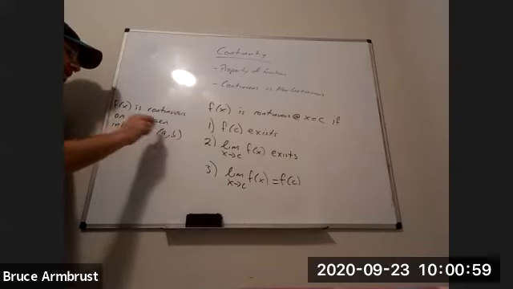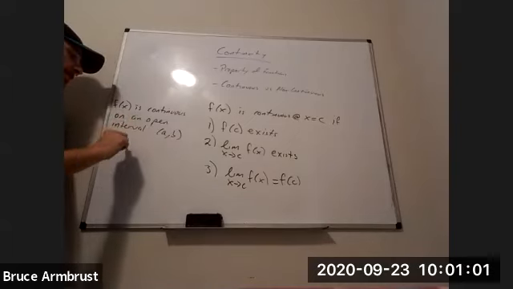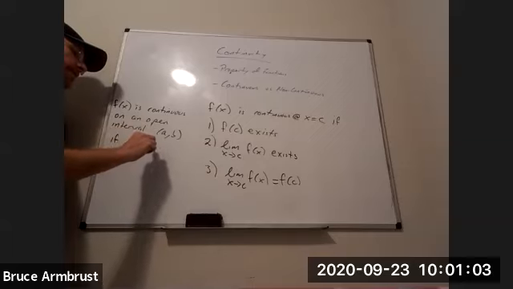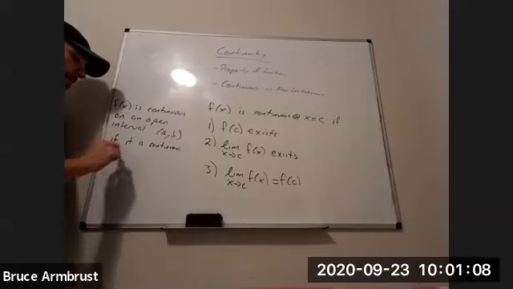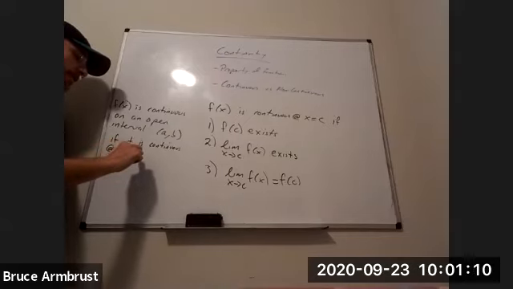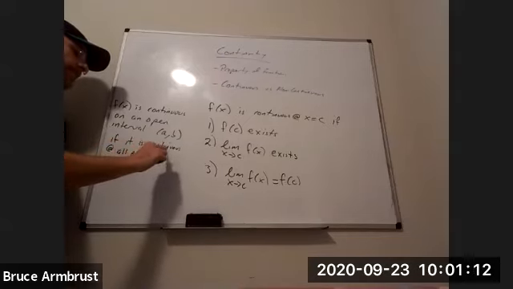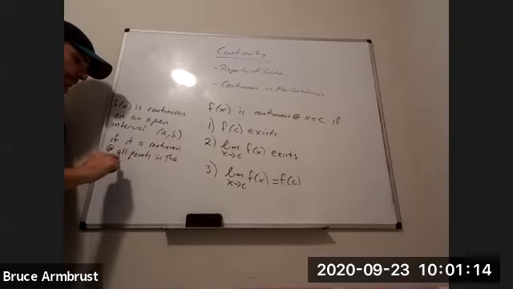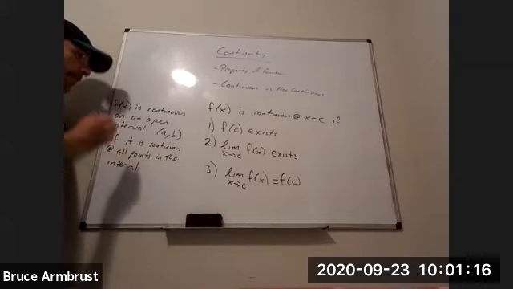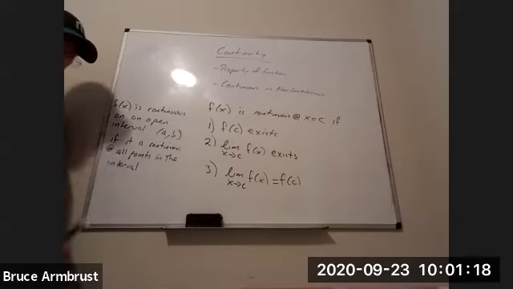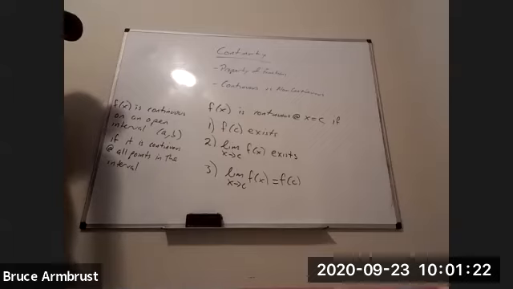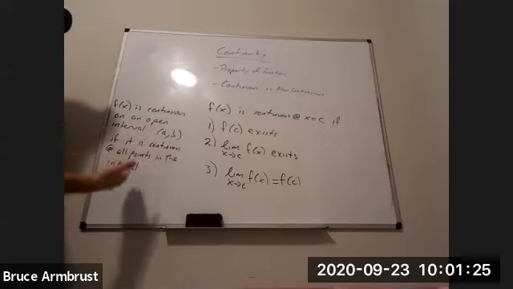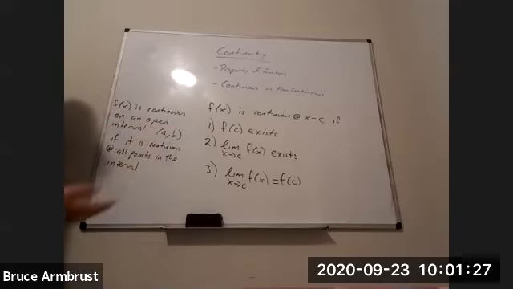But we say that it's continuous on this interval if it is continuous at all points in the interval. So that should kind of make sense, right? If we want to be continuous on an interval, it just means that we're continuous at all of the points in that interval.